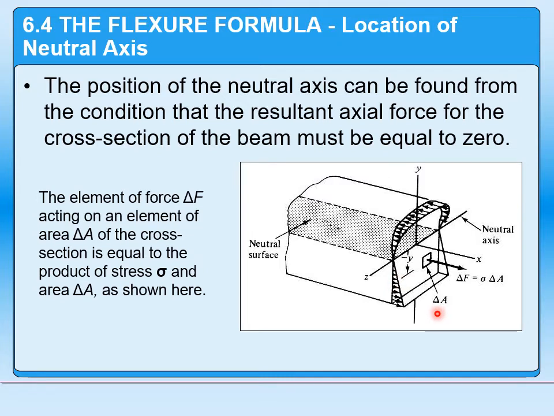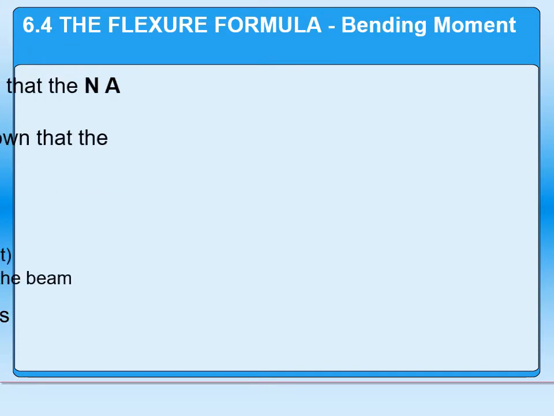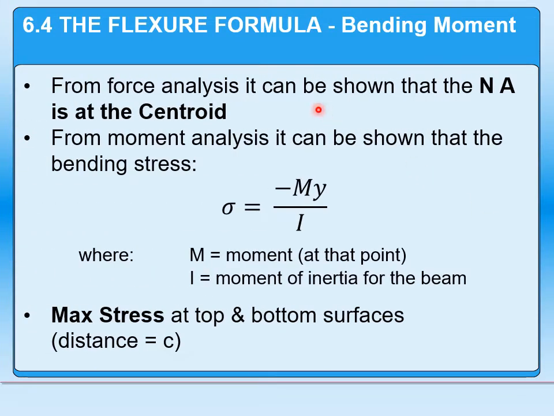So we can do an analysis where we look at a small element, delta A, we look at our force, delta F, the force on that small element. Keep in mind, force is going to be equal to stress times area, so we can relate those two together. And if we go through and integrate over that surface, it can be shown that the neutral axis is actually at the centroid of the surface.